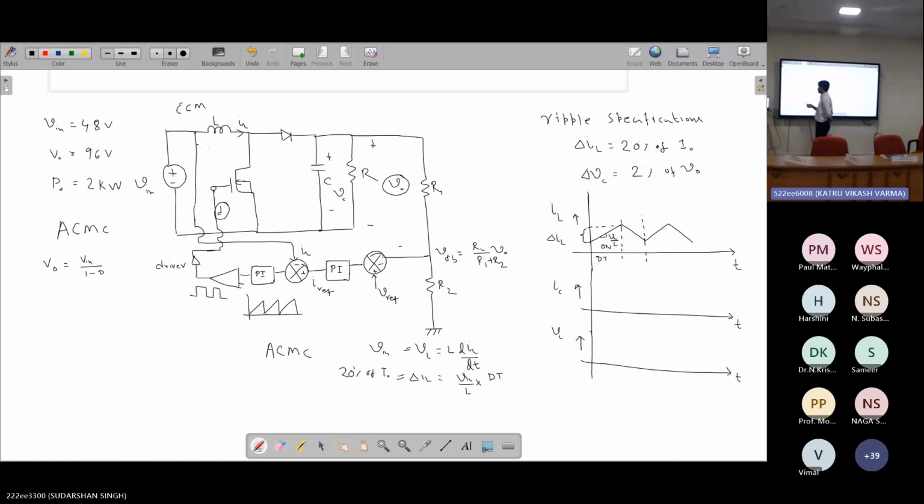So considering that you know that, and you know the input output voltage relationship of the boost converter, as we have already decided, V0 is 96 volt, Vin is 48 volt, so your D will be 0.5. And the switching frequency Fs that we have considered here is 20 kilohertz.